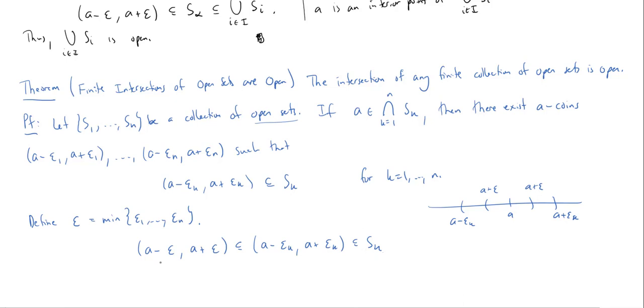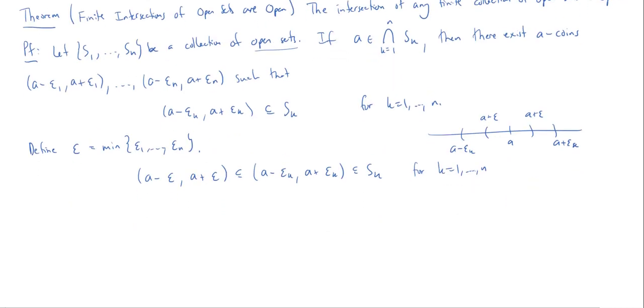And this shows me now that this new interval, this new A coin of radius epsilon, is contained in S_k, and this is again for k equals 1 to n. But if it's in each of the S_k's, then it's in their intersection. So this implies that A minus epsilon, A plus epsilon is contained in the intersection of all the S_k's.